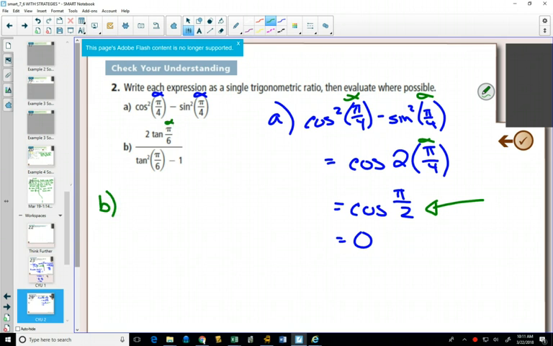Now, if I put alpha here and alpha here, I have 2 tan alpha over tan squared alpha minus 1. And when I look at my formulas with tan, it doesn't match up, because my formula with tan says, and I'll write it up here for you, tan 2 alpha is equal to 2 tan alpha over 1 minus tan squared alpha.